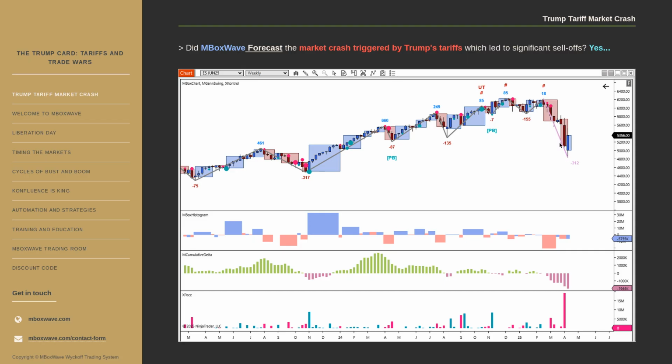It crashed more than 50% of what it's grown in the past 2 years. Maybe that's even 60%. I've got to get a ruler to check that. But it went up and up and up, and then boom, we had a sell-off here.